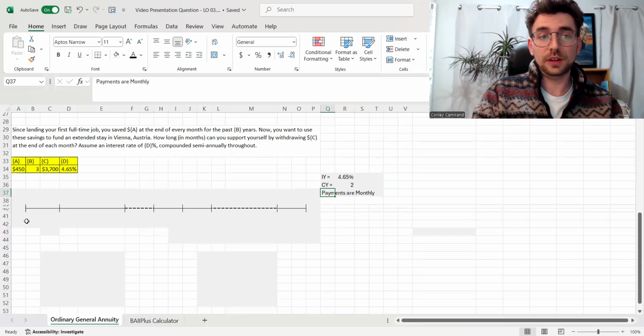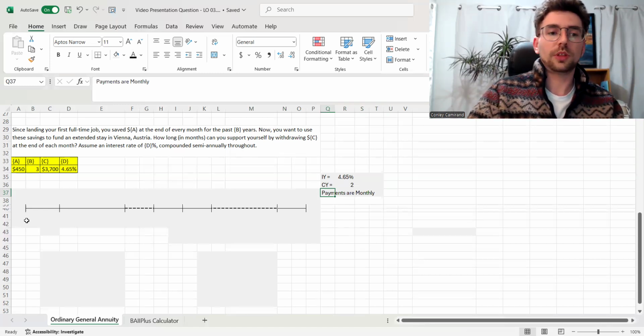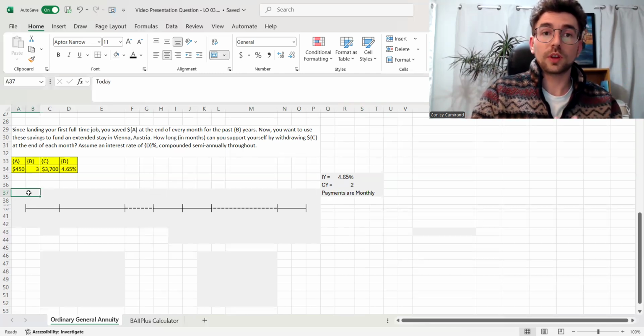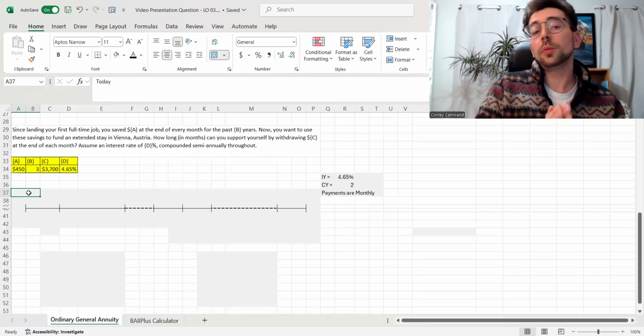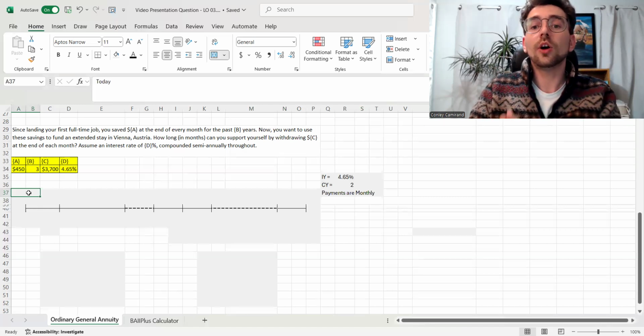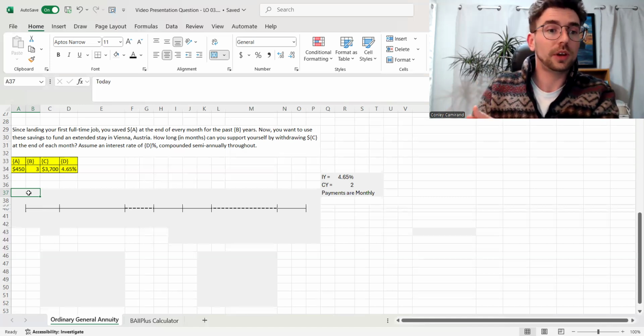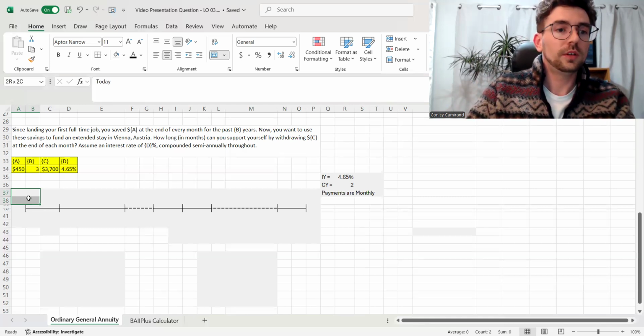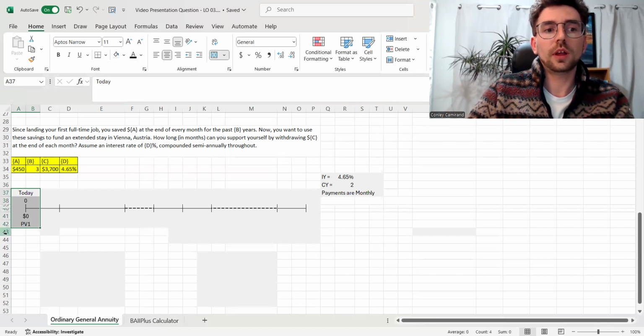So now we're going to start at today. What do we have today in our question? Today we start with $0 because we won't be making our first payment until the end of the first month, at the end of the first payment period. So today we start with $0, that's the present value.